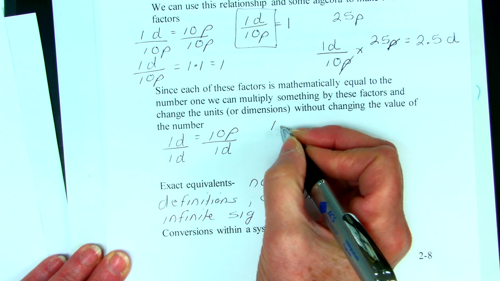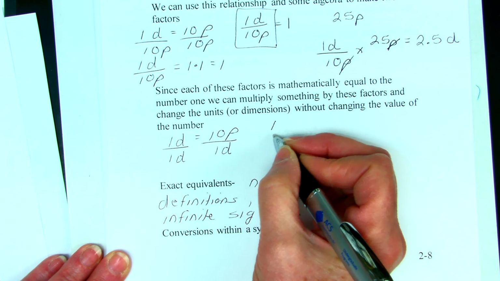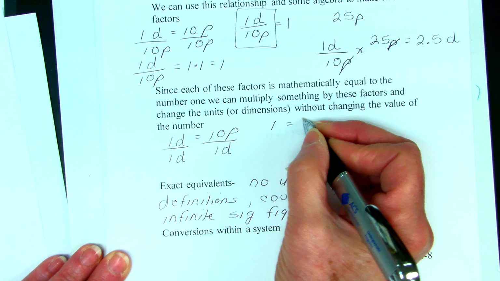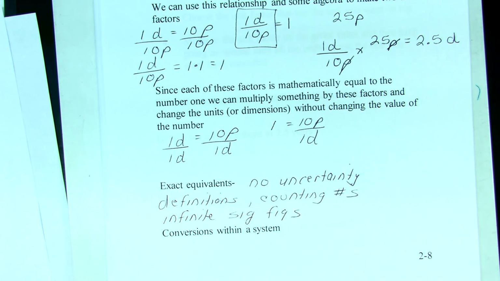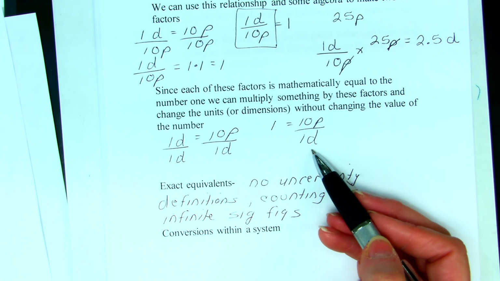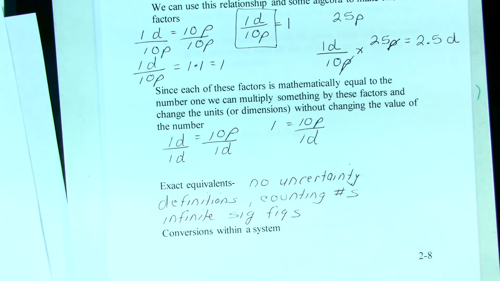So 1 dime divided by 1 dime is 1, which is equal to 10 pennies over 1 dime. So I could also multiply the whole thing or anything I wanted by this factor, and I would not change the value. So we get 2 factors, and we just turn it upside down to get one or the other, and they are both mathematically equivalent to multiplying by 1. So that is the foundation for the way we're going to do math.